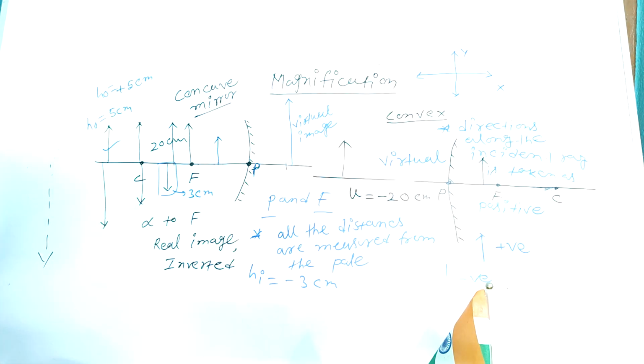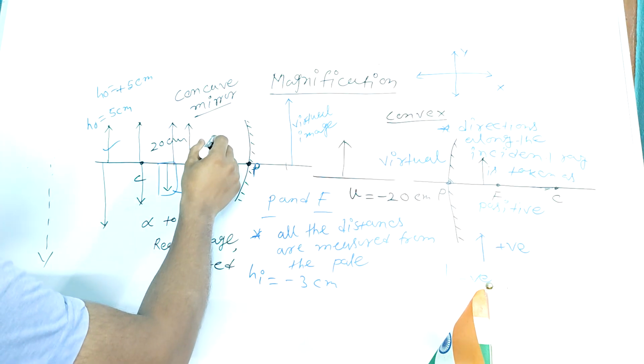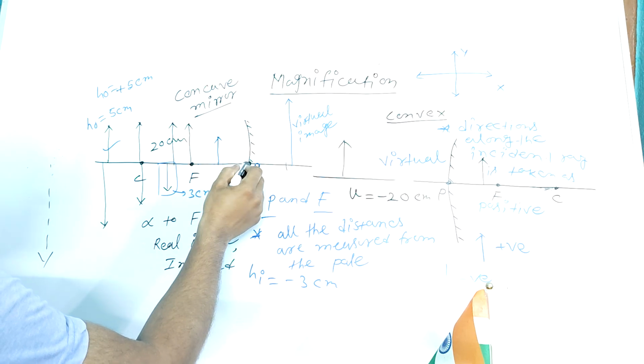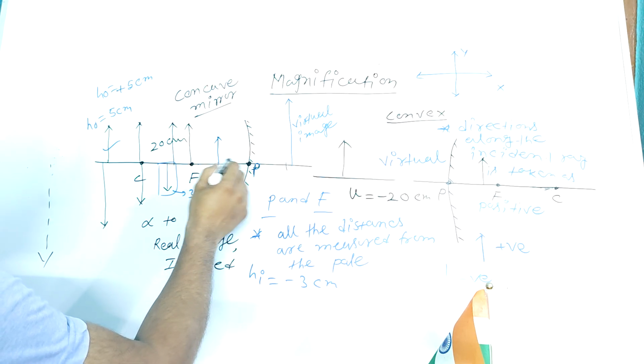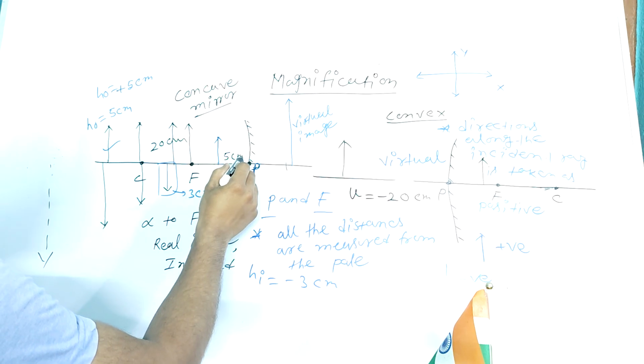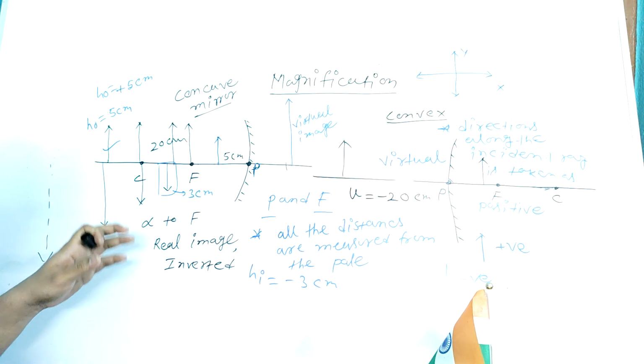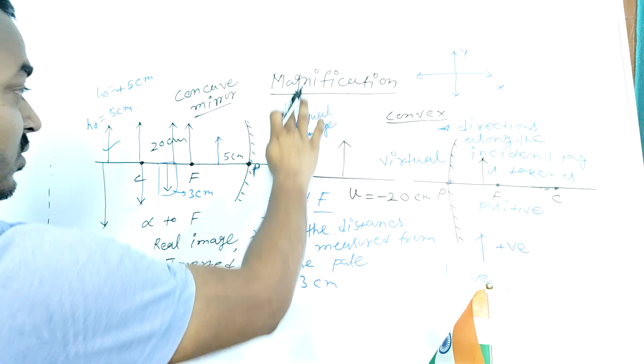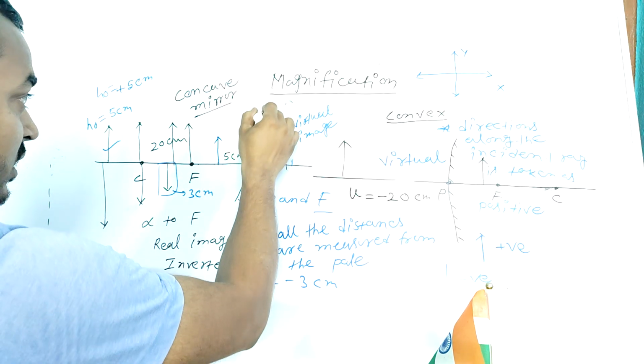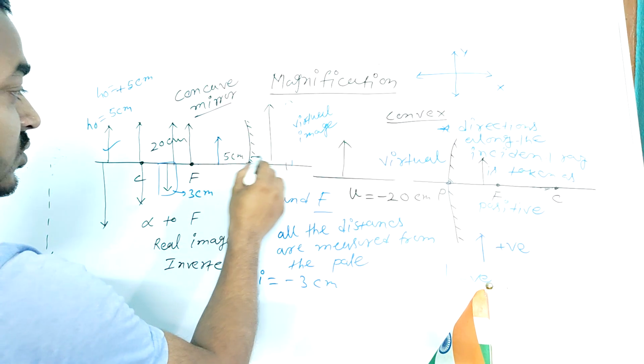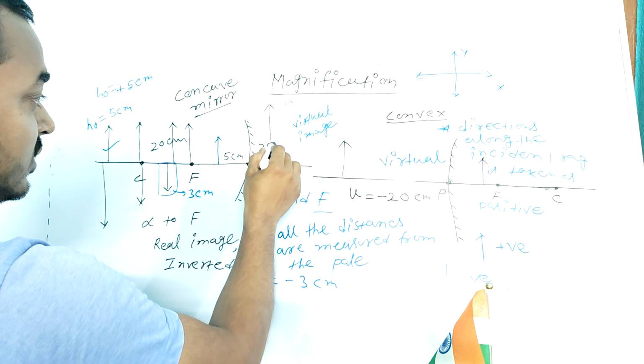Done? Achha, for example, when we are placing an object over here, this is the pole, say this is 5 centimeters, and the image is forming close to the mirror, say this one is 2 centimeters.